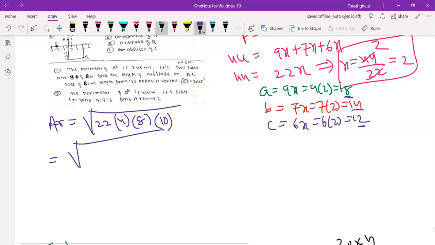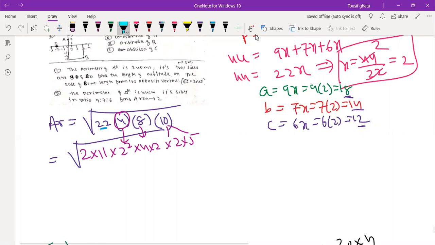So what will you simplify now? 22 is 2 into 11. Correct. 4 is 2 square, 8 is 2 cubed, and 10 is 2 into 5. Now what are the perfect squares? We will try to see.